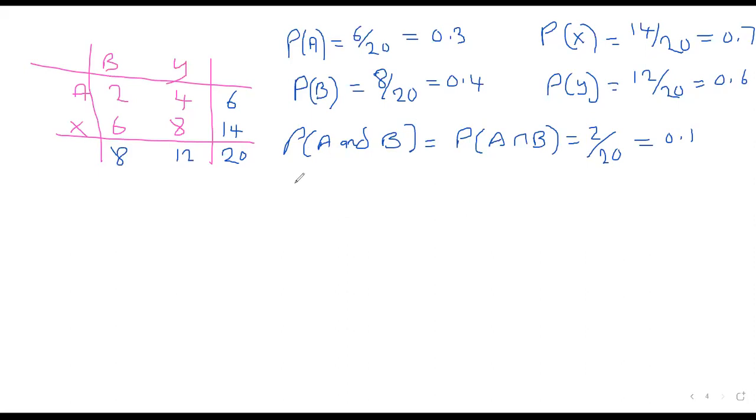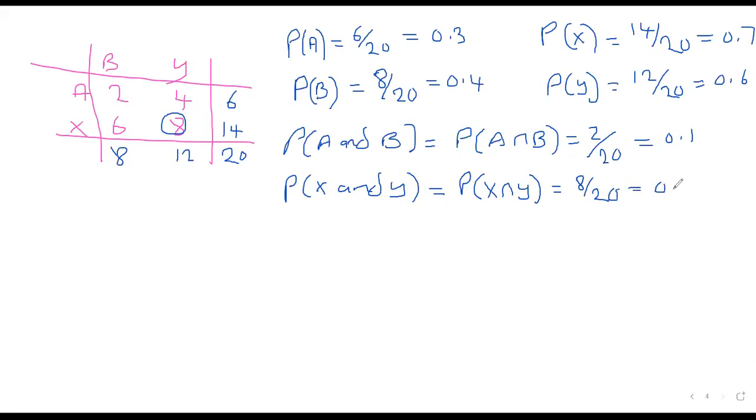So you tell me, what is the probability of X and Y? You go and check where they meet, X and Y. They meet at 8. So we're going to have 8/20, which is 0.4.